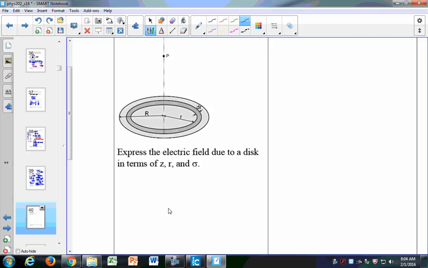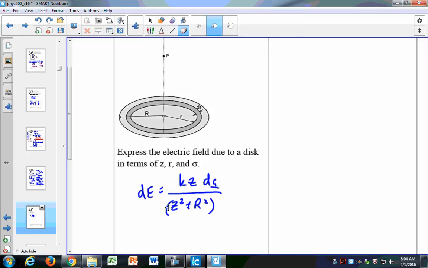And then you start in the middle and you integrate outward, but you now have the ring, which we just found, that was dE equals kz dq over z squared plus r squared. Oh, that should be a little r. Sorry.